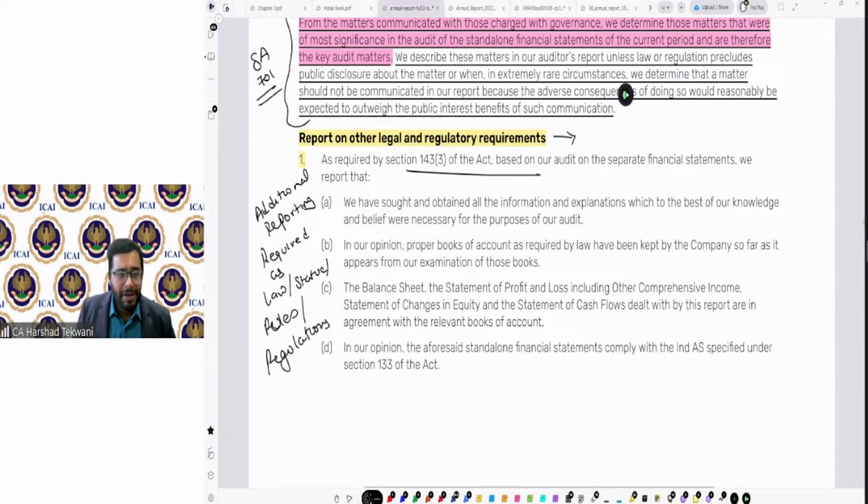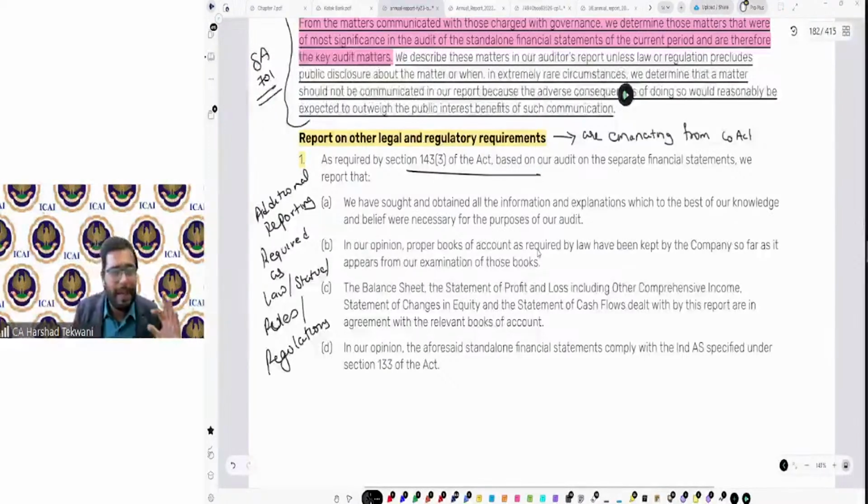When I talk about this particular section, these reporting requirements are emanating from the Companies Act or any other law or regulation which is applicable to that entity.